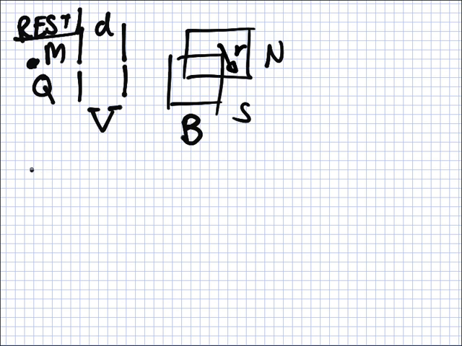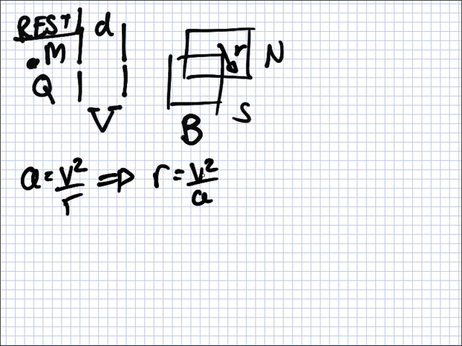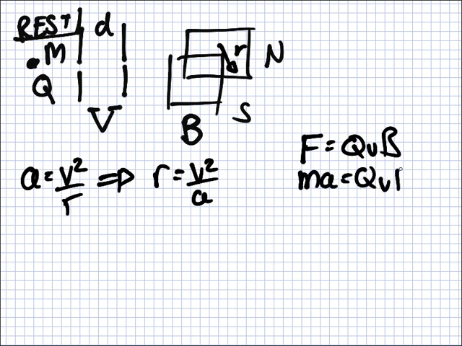But in order to calculate the radius, let's have a look at the formulas. What do we say it was? a equals v squared over r. So then that means r equals v squared over a. Well, we need to know v and we need to know a. So if I use the formula F equals QvB and ma equals QvB, now at least I have the a.